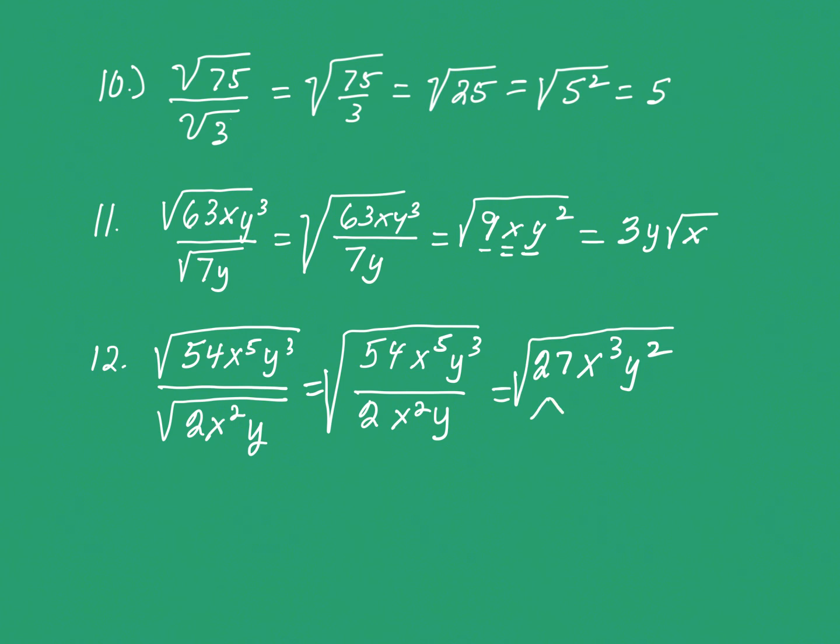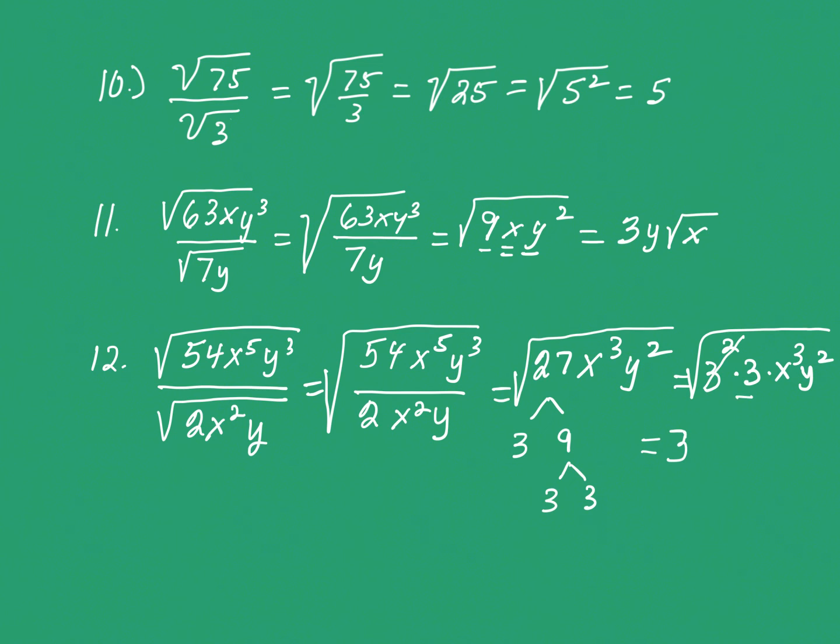You notice that 27 is 3 times 9, and 9 is 3 times 3. So if I had to rewrite this, it'd be 3 squared times 3 times x cubed times y squared. So anything that's raised to the 2nd power, we're able to find the square root. So the square root of 3 squared is 3.